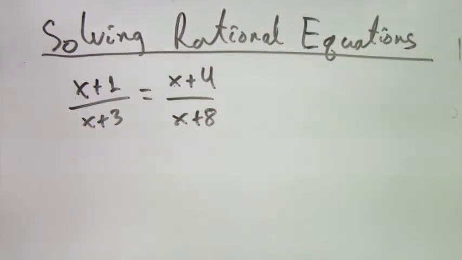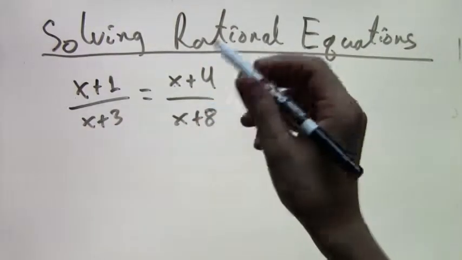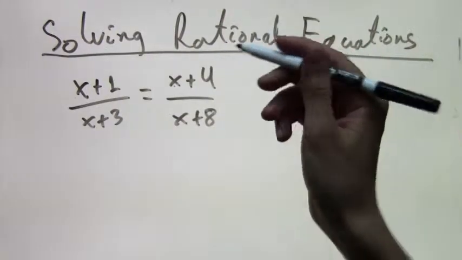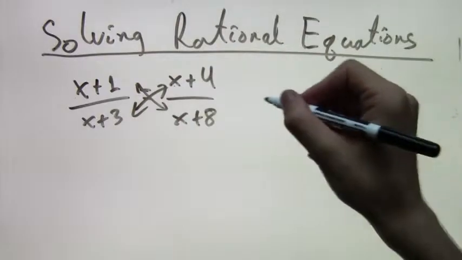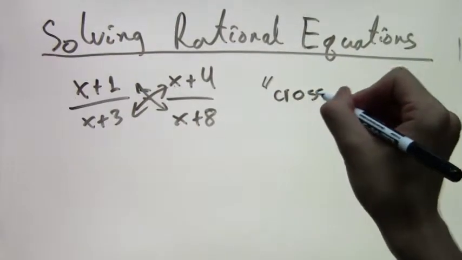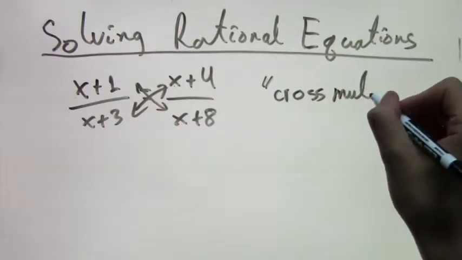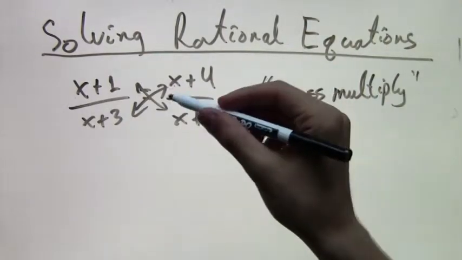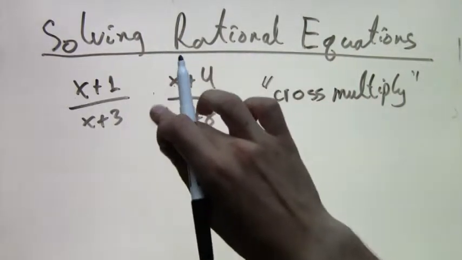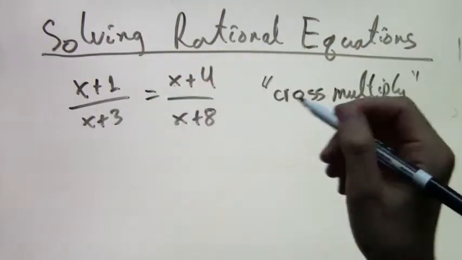So we have some sort of fractions with x's in them equaling each other. Now the trick is what we call cross-multiplying. We can transform the divisions into multiplications just by moving over the bottom parts to the diagonally opposing upper parts.